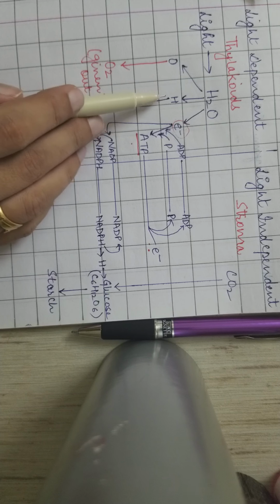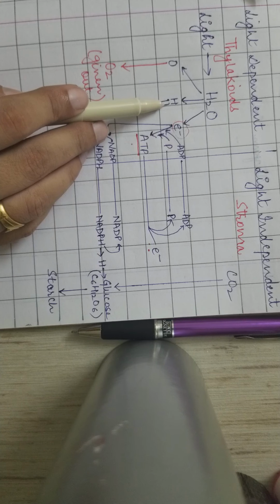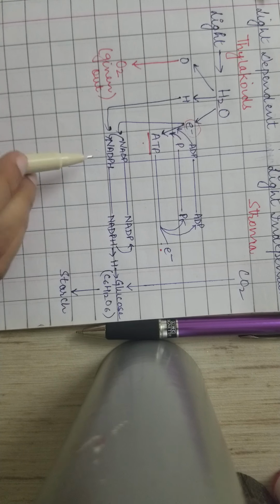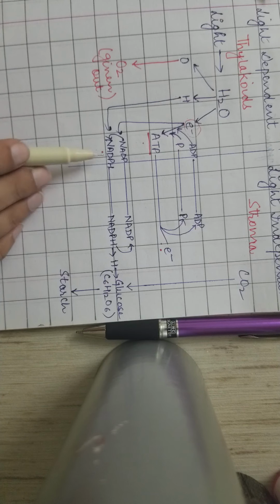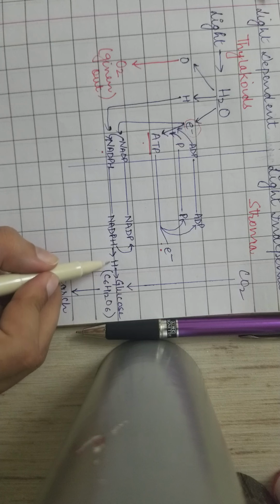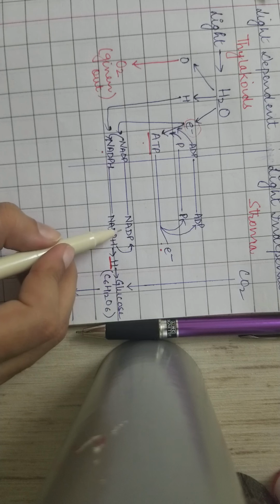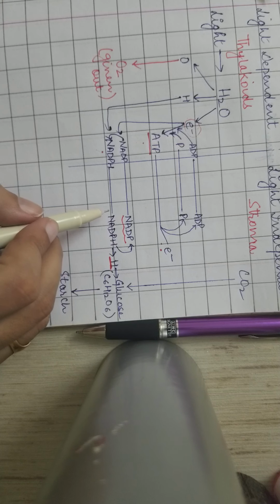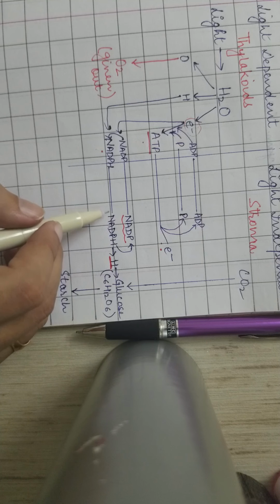The hydrogen ions which are produced during the photolysis of water are utilized by NADP. This NADPH gives out the hydrogen ion during the independent phase and gets converted into NADP, the nicotinamide adenine dinucleotide phosphate.